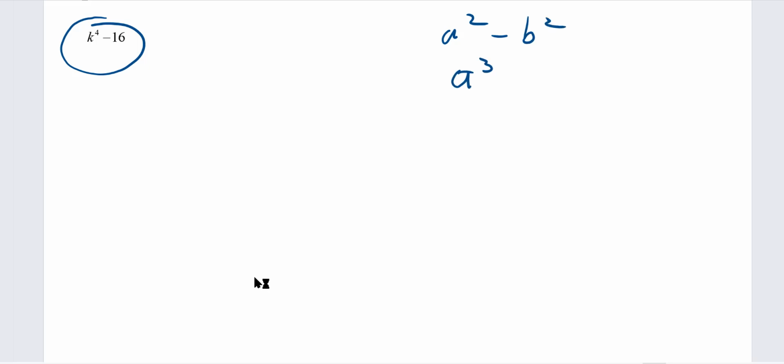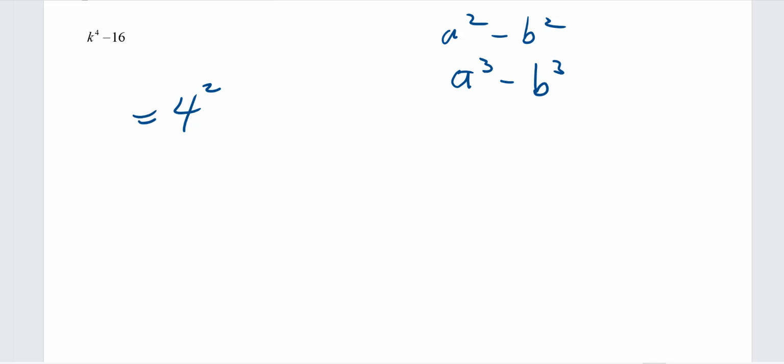Let's move down to the next one. We're going to factor this one. Again, it's got two terms. Again, it has a minus. And the only formulas we have for two terms and a minus are a square minus a square and a cube minus a cube. Well, we know 16 is the square of something.